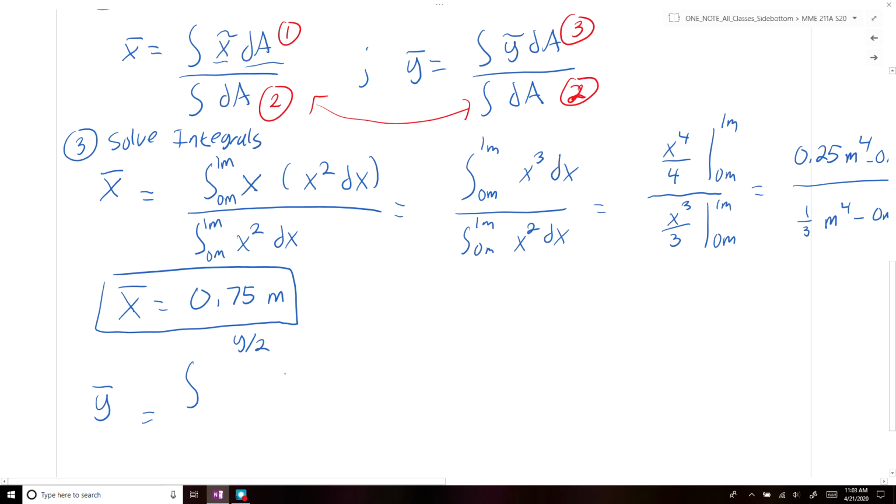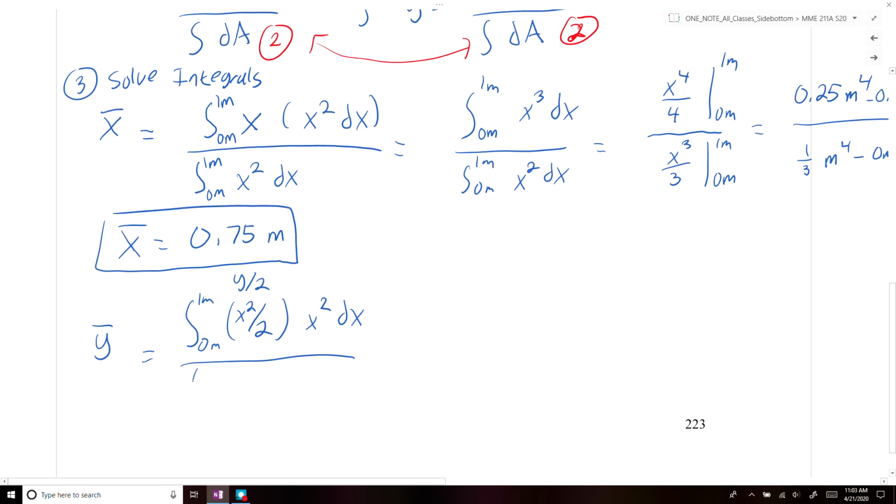And we know that y is equal to x squared, so we can plug in x squared over 2 for y tilde. And then dA we know is equal to x squared dx. And we know that the bounds go from 0 meters to 1 meter. And our integral on the bottom is going to be just the integral for dA, which goes from 0 meters to 1 meter of x squared dx.